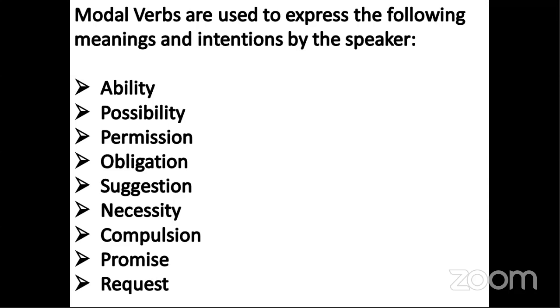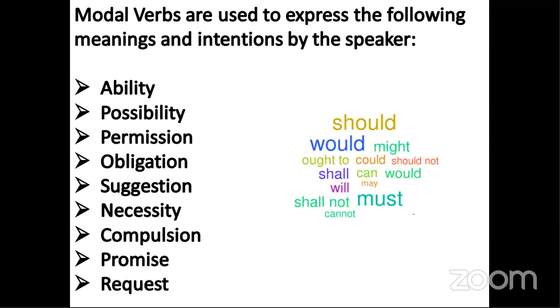Then we have a whole host of modal verbs which is used, and some commonly used modal verbs are would, could, shall, should, can, might, must, need to, used to, will, may, ought to, dare, has to, be able to. So these are some of the modal verbs which are used for such expressions.